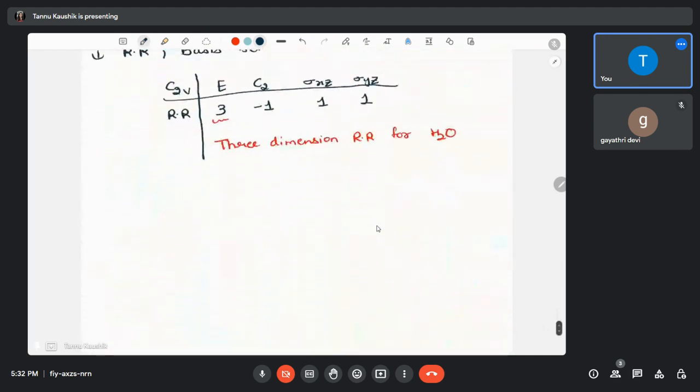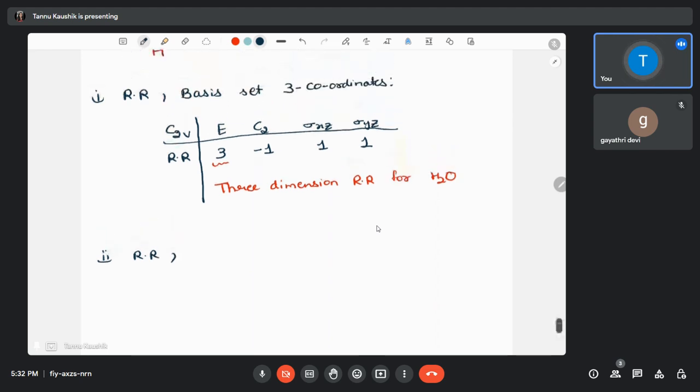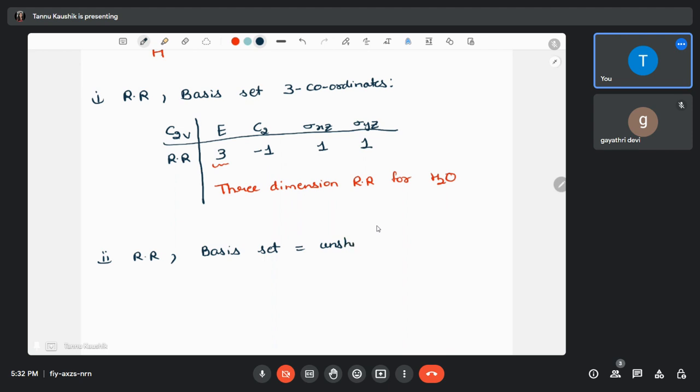So now we find out the reducible representation for which the basis set is unshifted atoms.